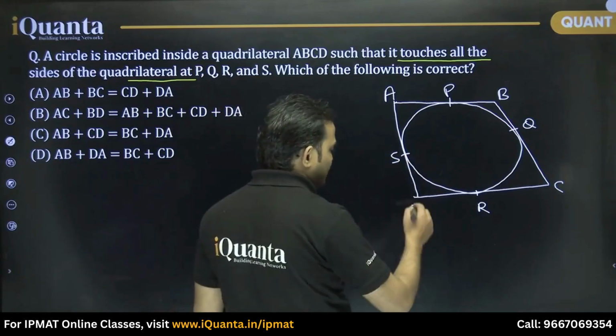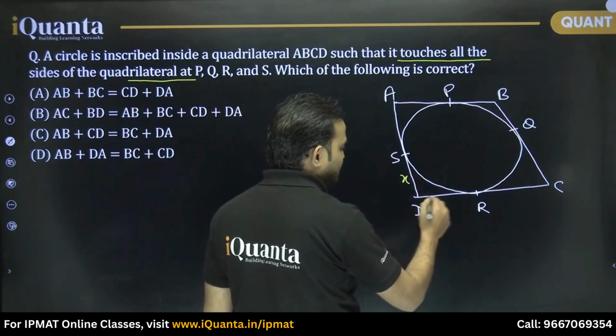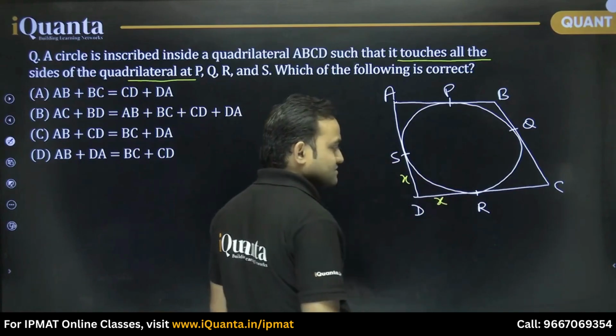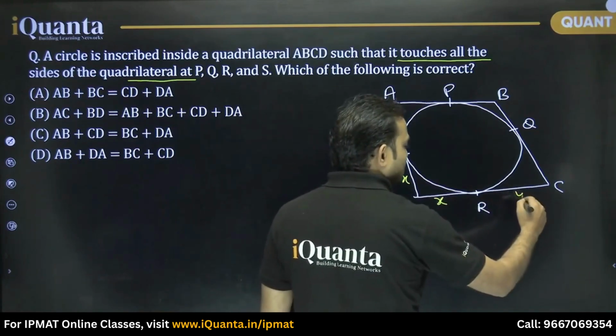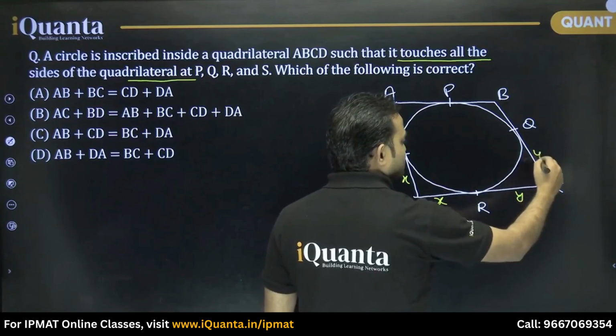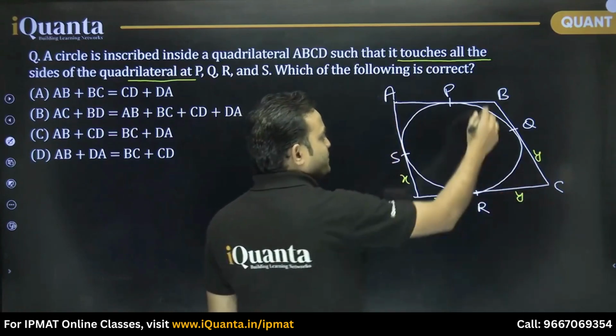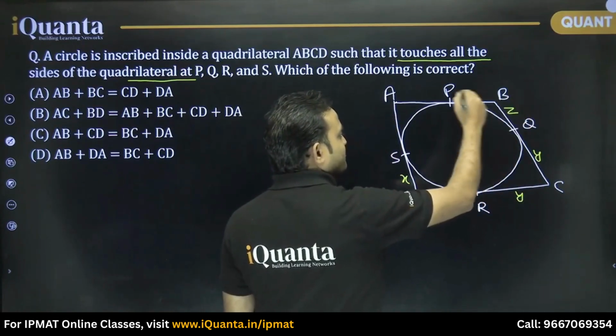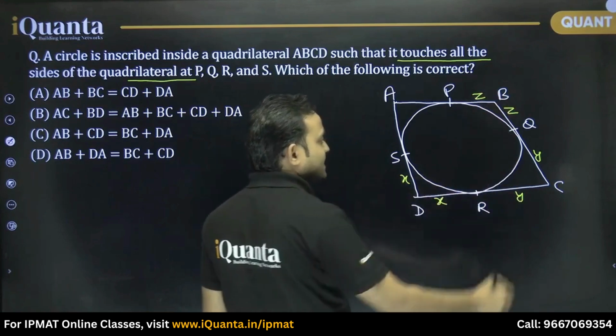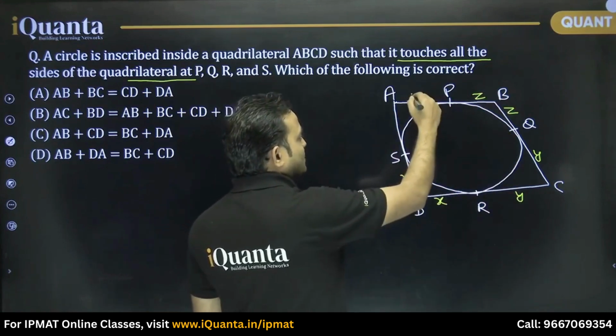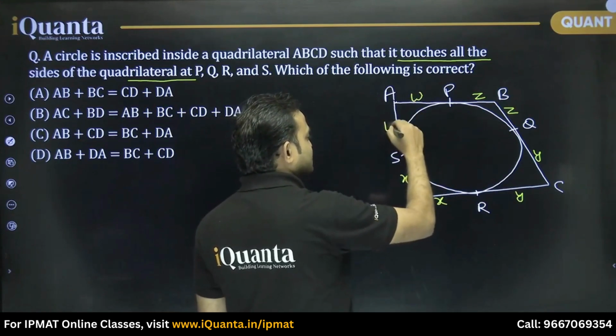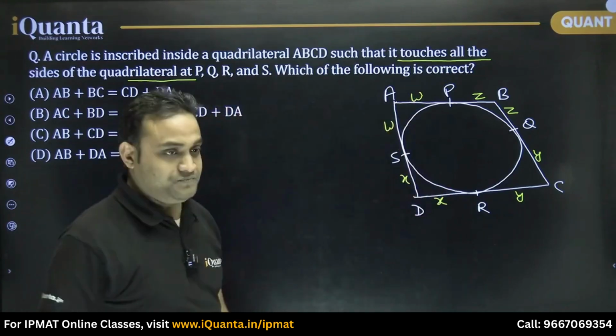I can say if SD is equal to X, DR is also equal to X. If RC is equal to Y, CQ is also Y. If BQ is equal to Z, PB is also equal to Z. And if AP is equal to W, then AS is also equal to W.